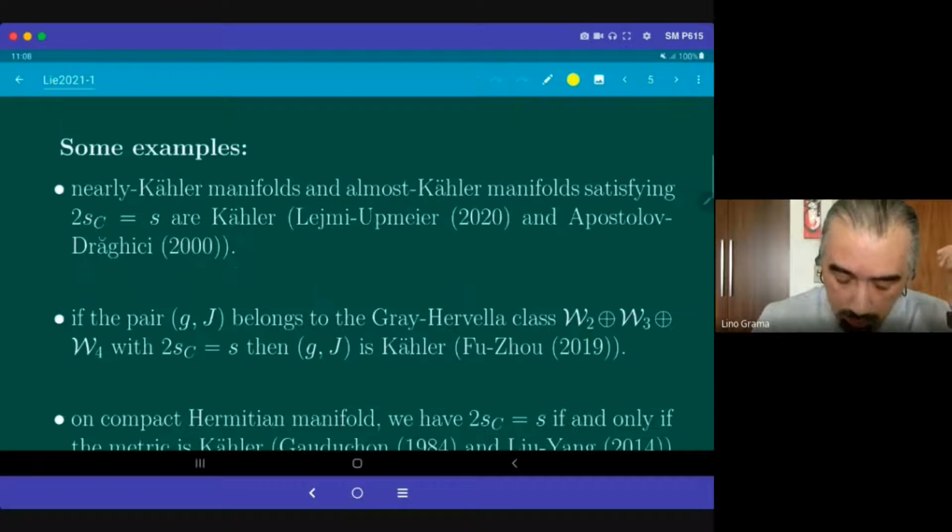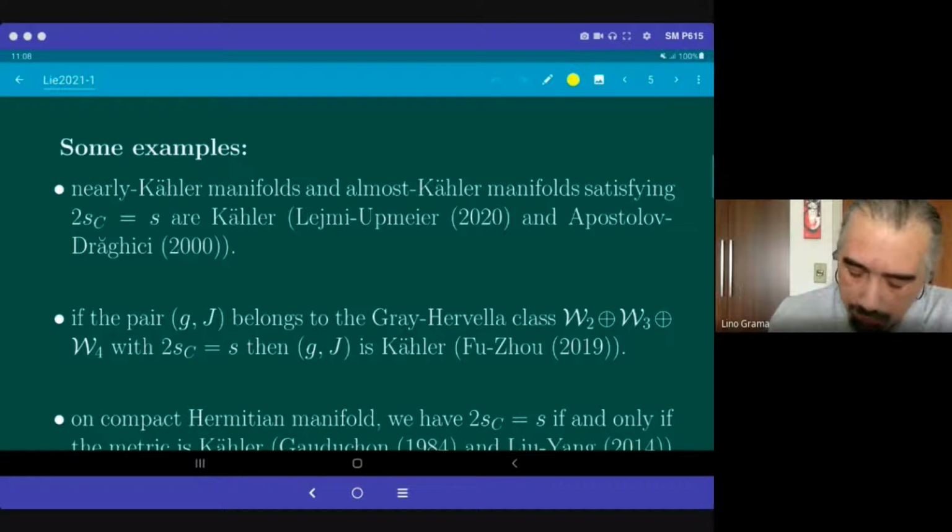Let's see some examples. If you have a nearly Kähler manifold, this is a very well studied class of almost Hermitian manifolds. For nearly Kähler and almost Kähler manifolds, if the structure satisfies this equation, they are necessarily Kähler.